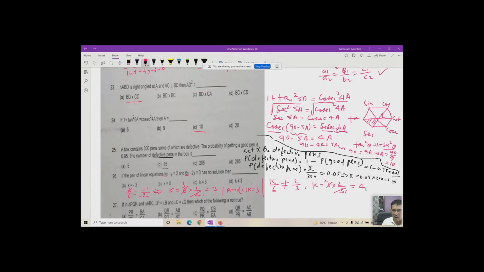So this will be equal to 4. So here k is not equal to 3 is given, but we have got answer as k is not equal to 4. So the only option is there as C. So have you followed it? If you have followed, please type yes or F in the comment box.